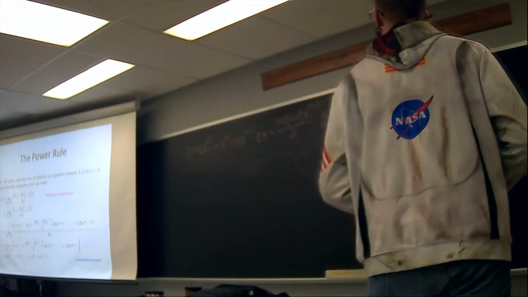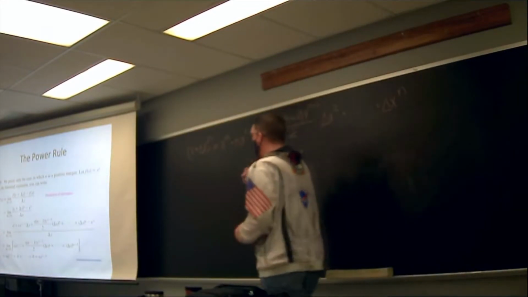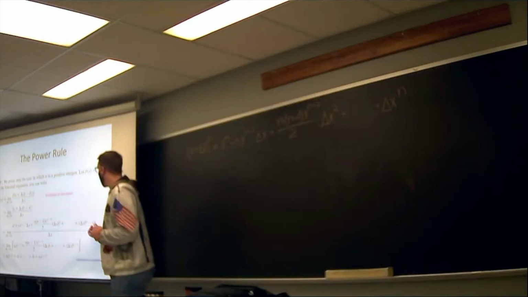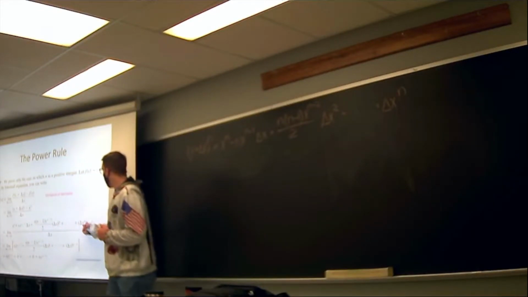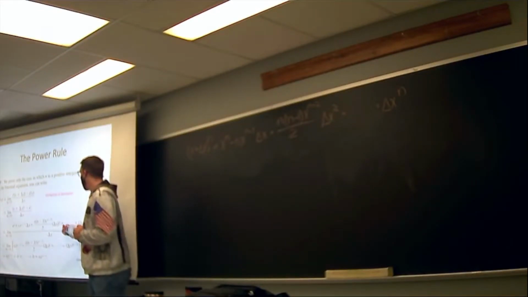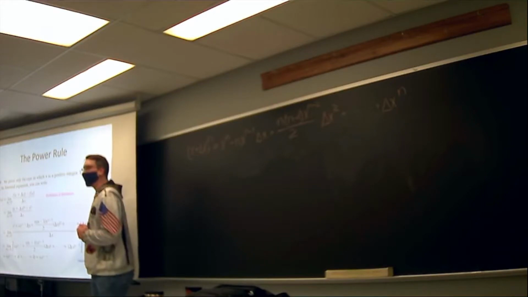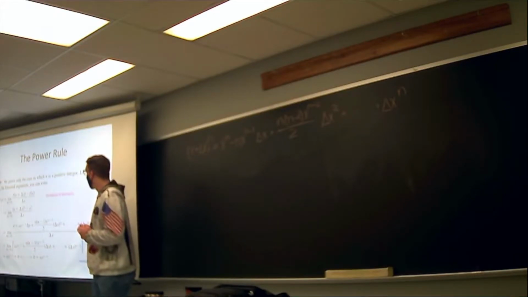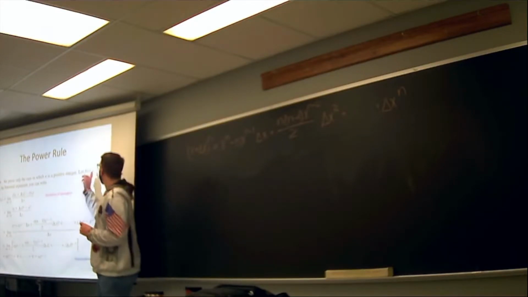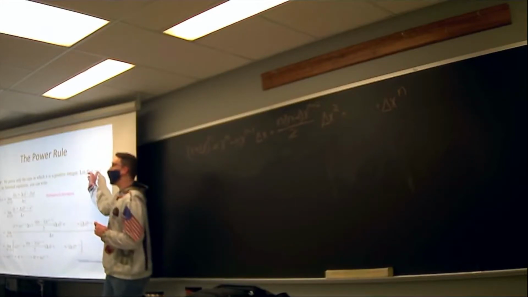What I'm trying to point out is that no matter how we go about this, we're going to have all these extra terms, but they're just going to have these delta x^n's in them. So looking at this, let's say that we have a function equal to x to the n.